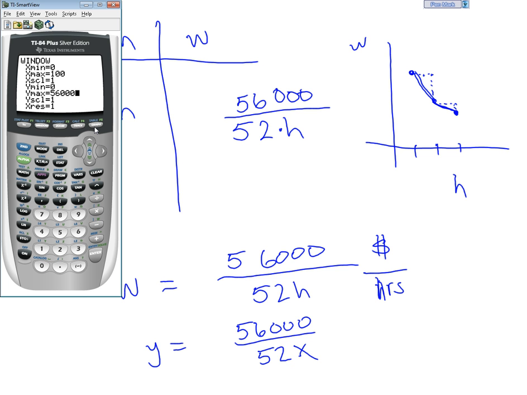Okay, well, we begin to graph this, and hopefully our window is okay. Something's wrong here. Let's see what we've entered. So we had 0 to 100 hours and 0 to 56,000. Now realistically, I think I made a mistake here, because the output is the hourly wage, and no person will make $56,000 per hour.